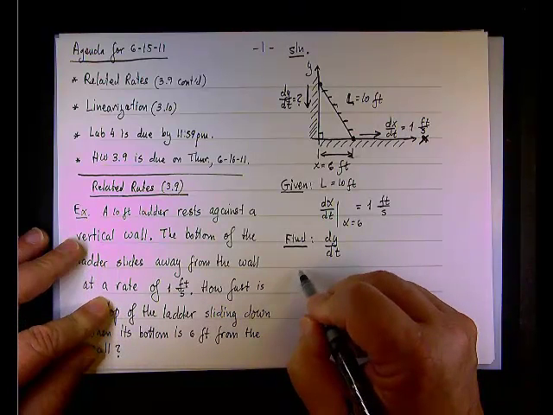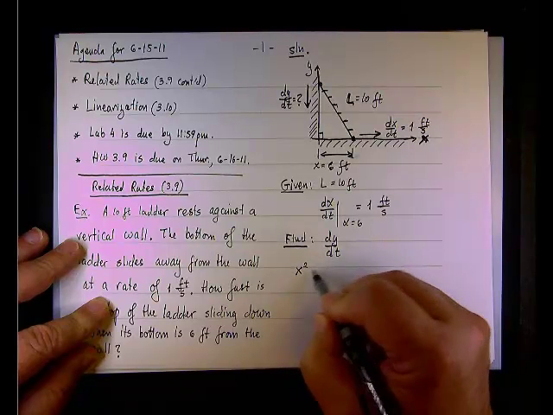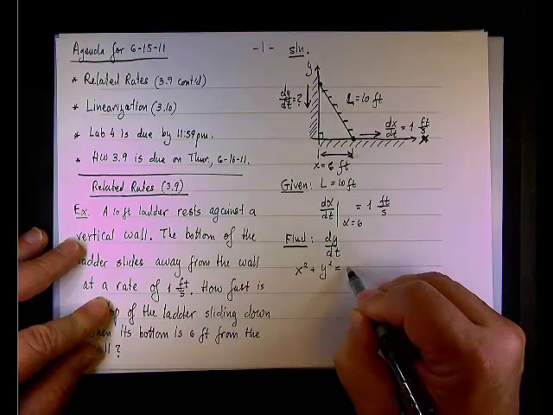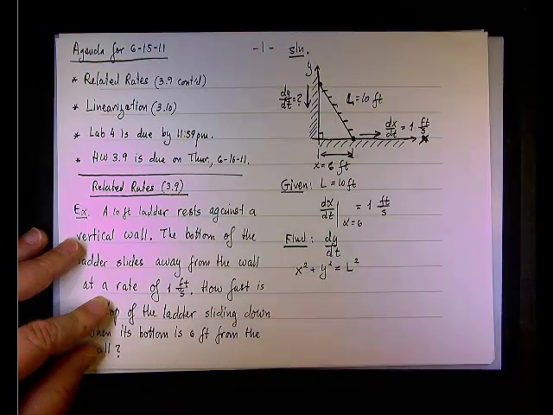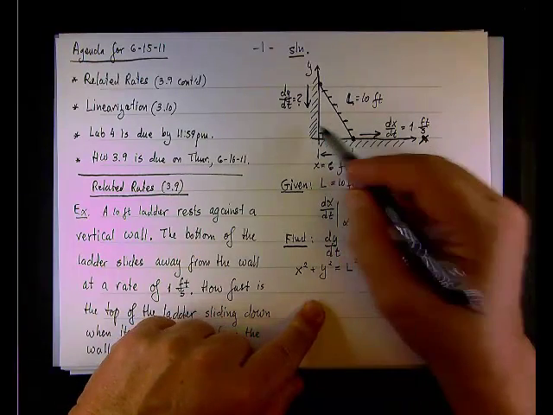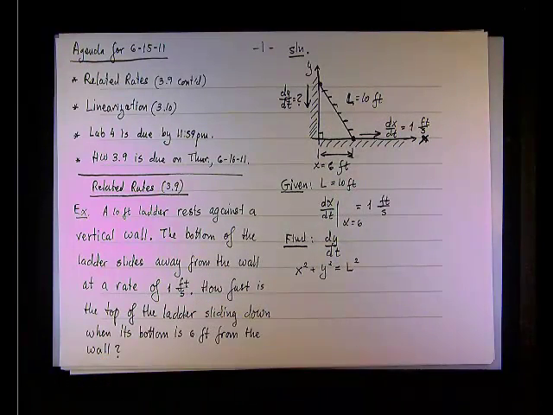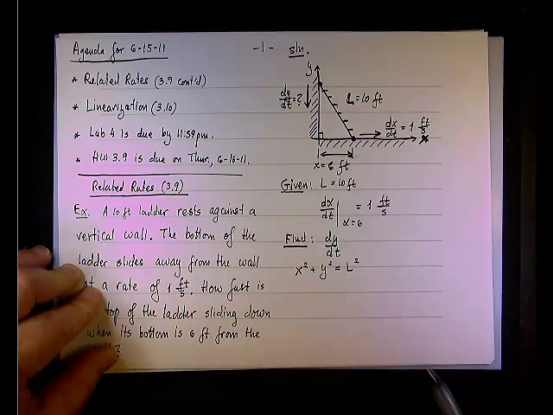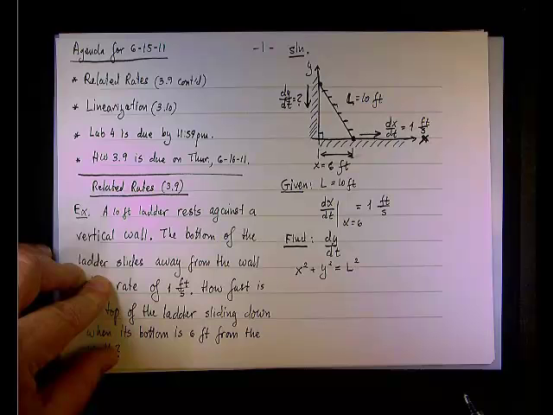So we're going to apply the Pythagorean theorem and say that x squared plus y squared equals L squared. Two things: first, we want to know the value of y when x equals 6, but also we want to solve for dy/dt.